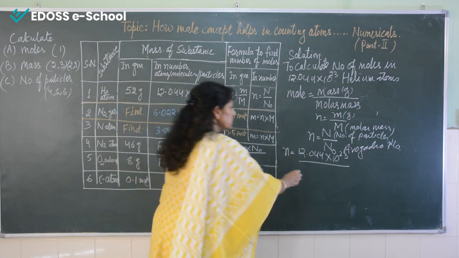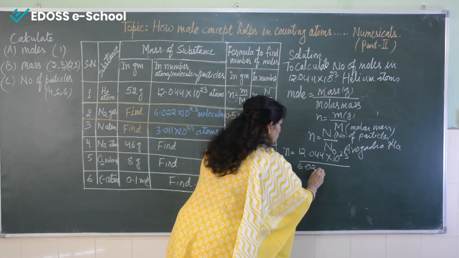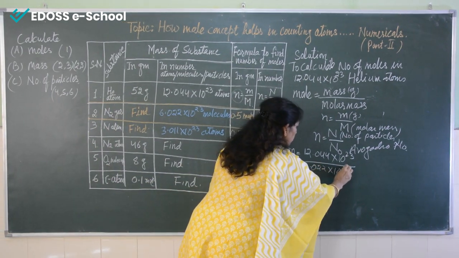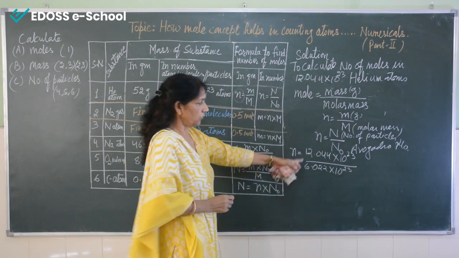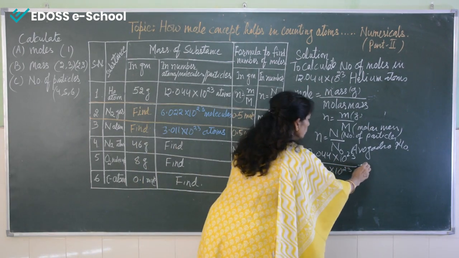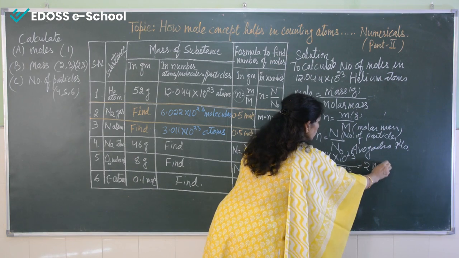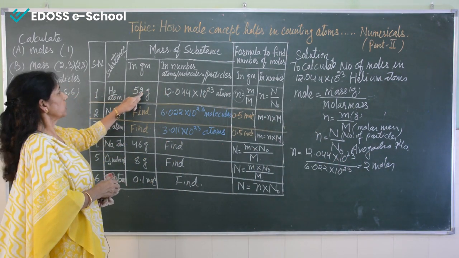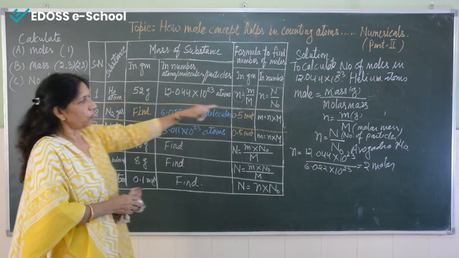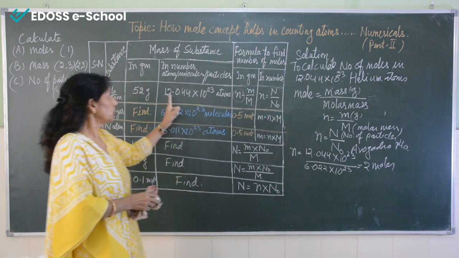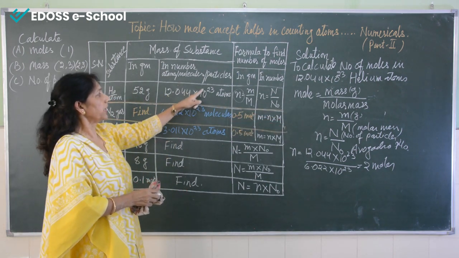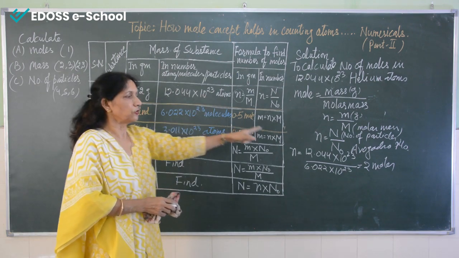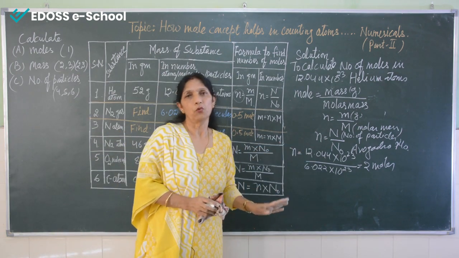So we write 6.022 into 10 raised to power 23. If we divide, we get 2 moles. So in this question, 52 gram of helium atom is equal to 13 moles, but 12.044 into 10 raised to power 23 atoms is equal to only 2 moles.